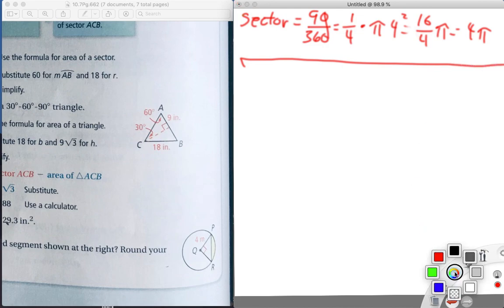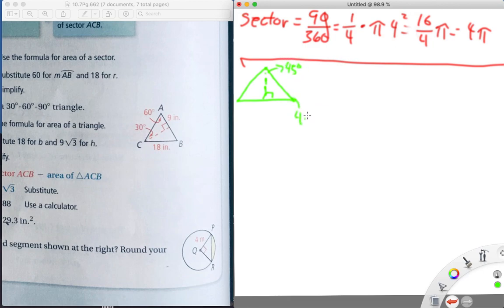Then we're going to find our triangle. So draw it here. Since this is a 90 degree angle, this is going to cut it in half. So this is 90, this would be 45, this would be 45. So it's a 45-45-90. This is 4 meters, so that's our hypotenuse.